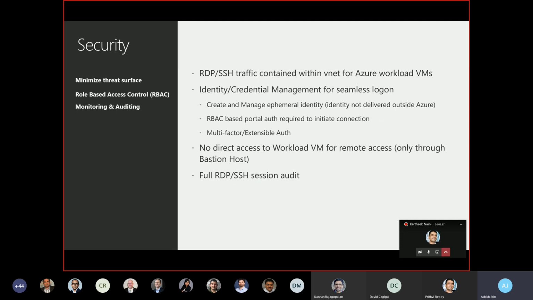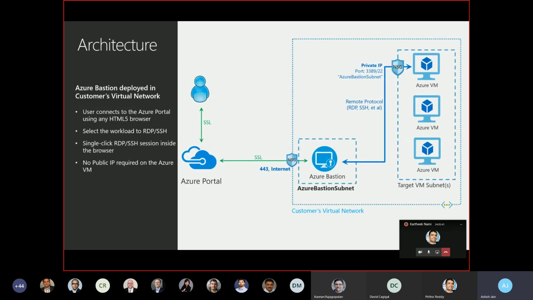And let me go ahead and briefly talk about the high-level architecture for the service. Like any other gateway service today on Azure, be it a VPN gateway, an ExpressRoute gateway, an application gateway or firewall or other similar services, Azure Bastion is also a VNet injected service.